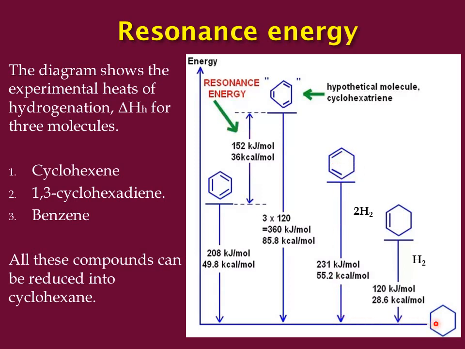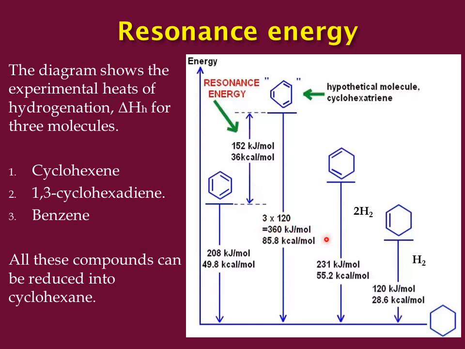The heat of hydrogenation is going to be the multiple of 120, so it is 231 kilojoules per mole approximately. Now if you assume a hypothetical compound, means all these three double bonds are isolated, then it should be a multiple of 3. 120 multiplied by 3 is equal to 360 kilojoules per mole.